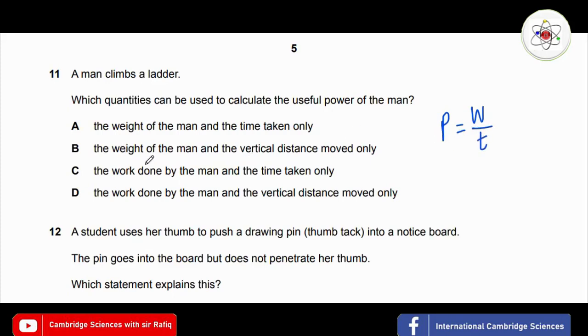So the weight of the man and the time taken only, no. The weight of the man and the vertical distance moved only, no. So the work done by the man and the time taken only. This should be our answer, because power is defined as the work done per unit time.